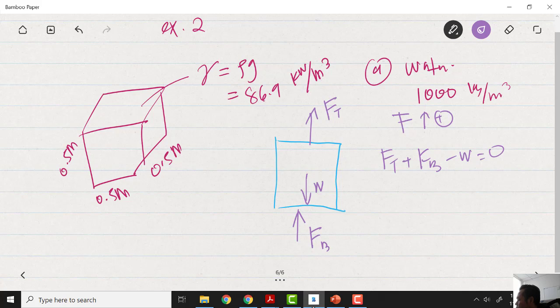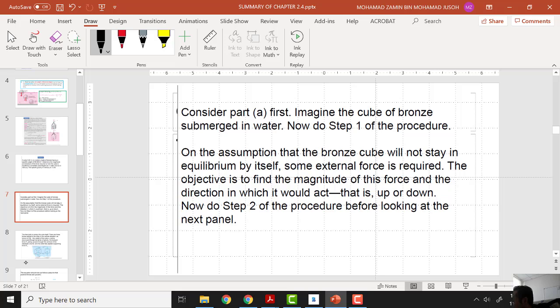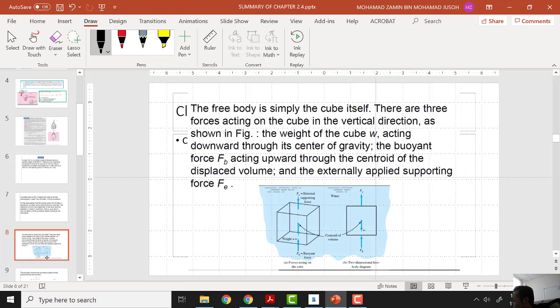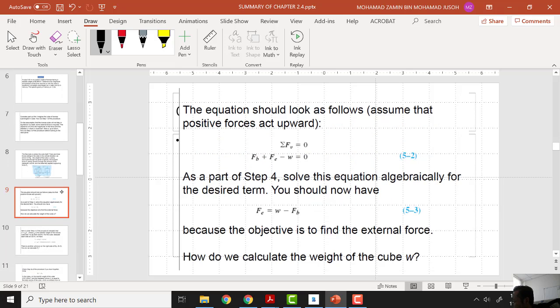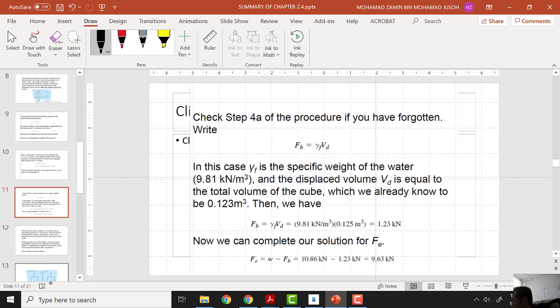So Ft equals weight minus Fb. If you write the equation, you get the answer. I will just go through the answer; you can read it later. I will give this slide to you. Alright, the same as before.